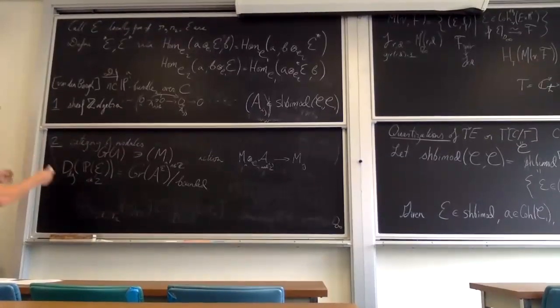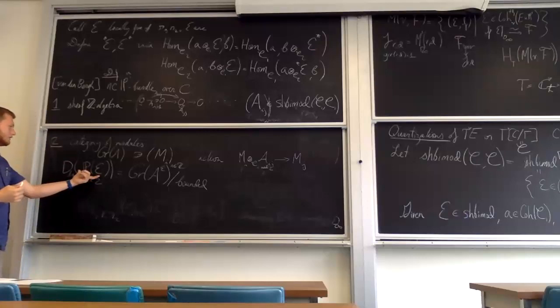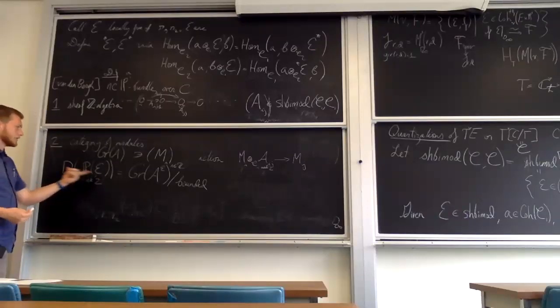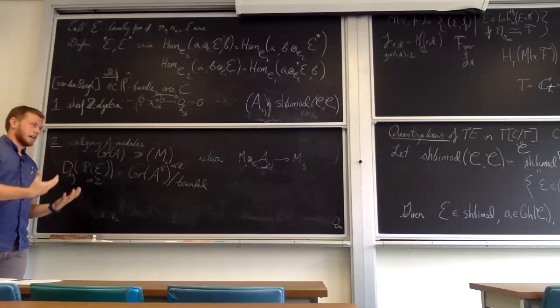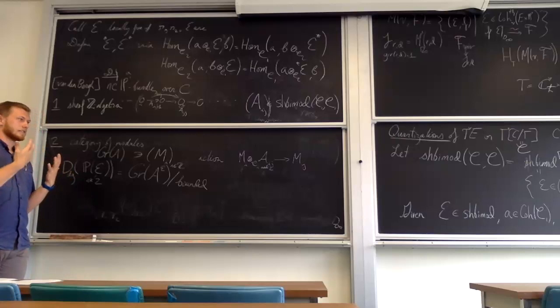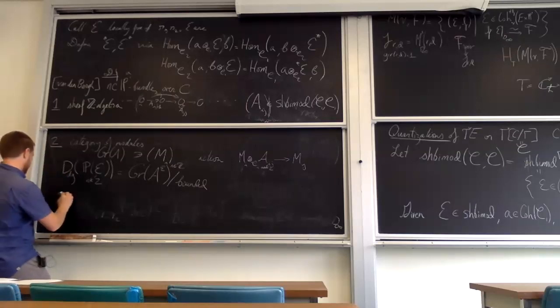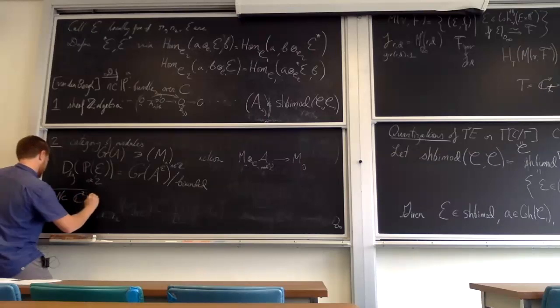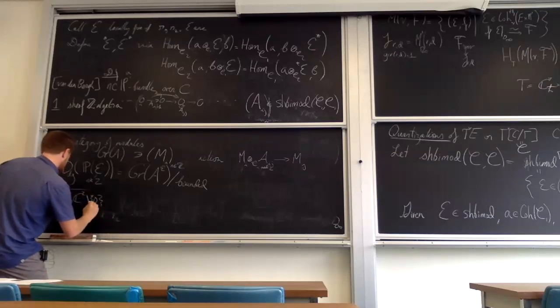The point is that we're trying to generalize the construction of modules over a P1 bundle over something by taking C star equivariant modules over non-commutative C2 without the origin.